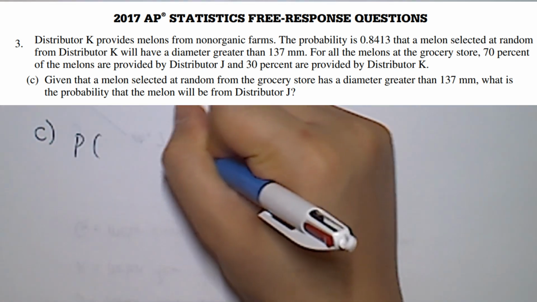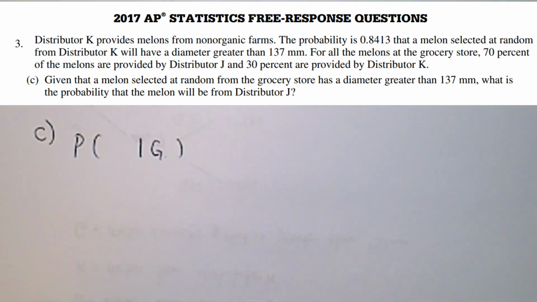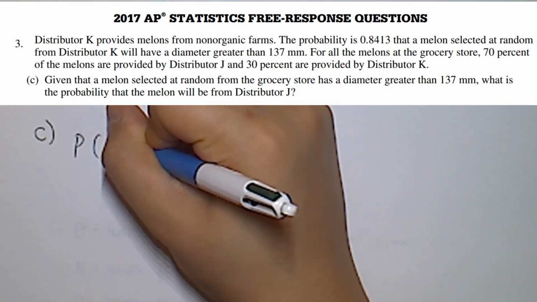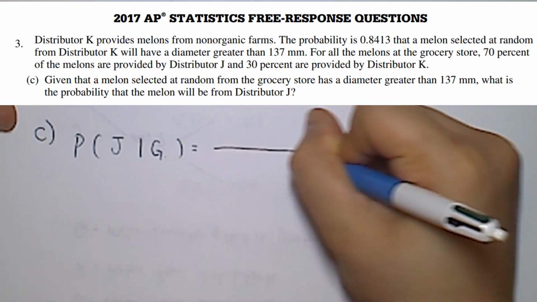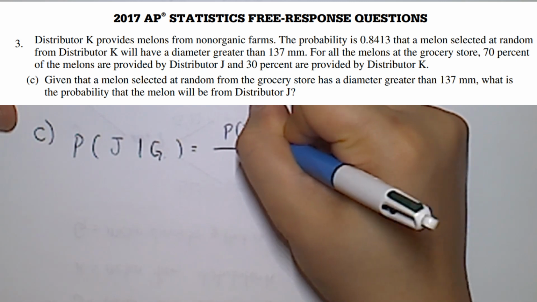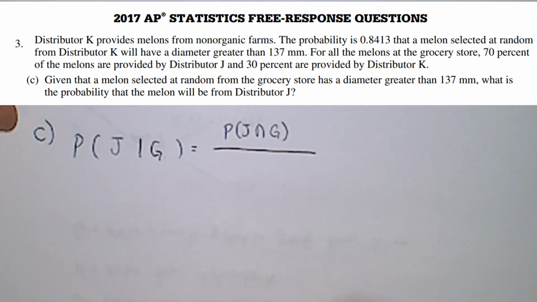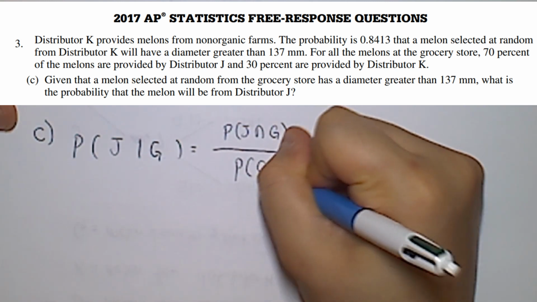So our condition is G, the diameter being greater than 137. And we want to find the probability that the melon came from distributor J. So this will be the probability of J intersecting G divided by the probability of G.